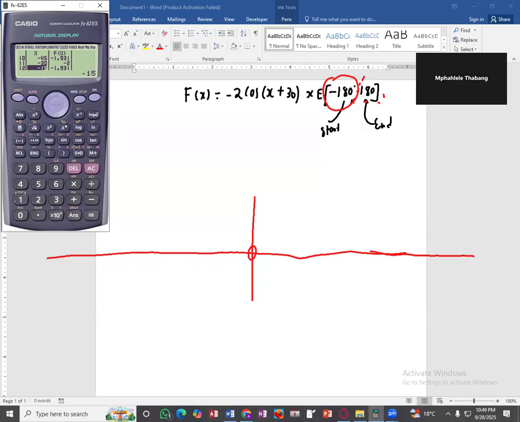So it's minus 15, minus 30, minus 45, minus 60, minus 75, minus 90, minus 105, minus 120, minus 135, minus 150, minus 165, minus 180.